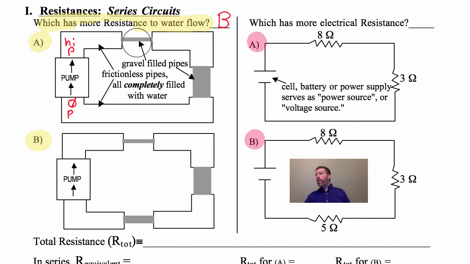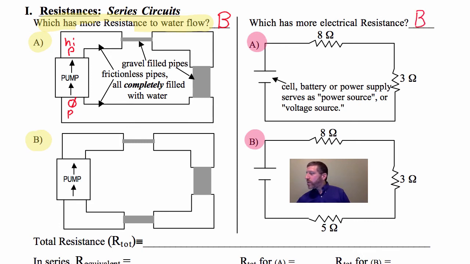This is a narrow pipe. It's got more resistance than this wider pipe, which has less resistance, and the middle-sized pipe has a middle amount of resistance. But let's just ask: A or B, which has more electrical resistance? Well, you're probably guessing that it is B that has more electrical resistance, and that is in fact correct.